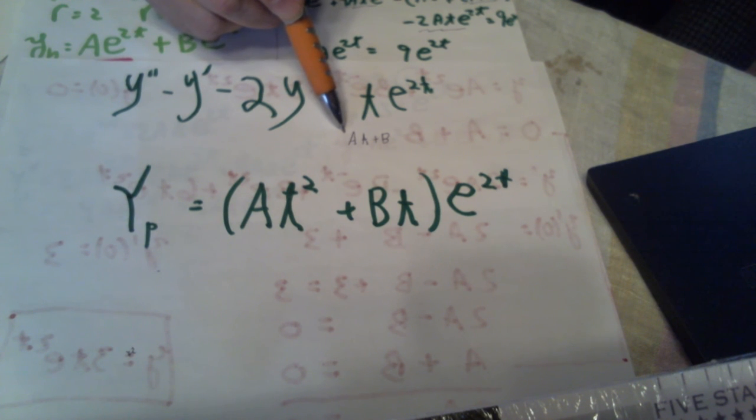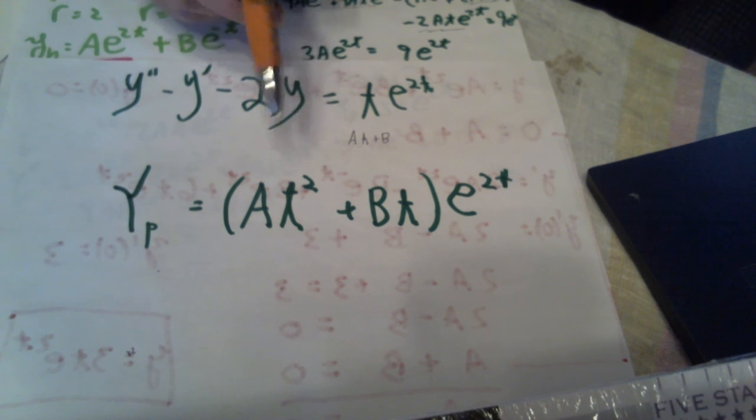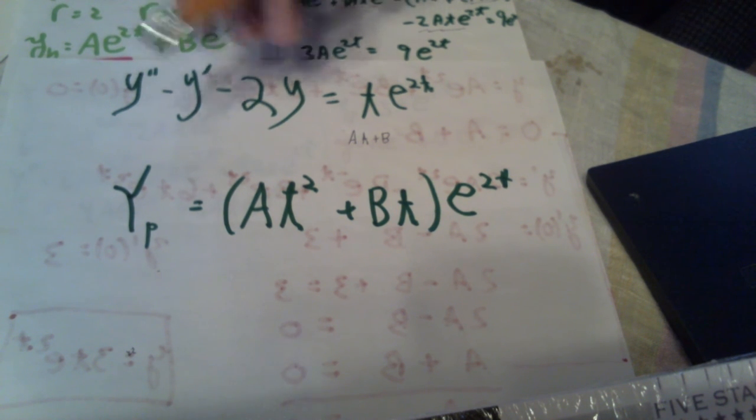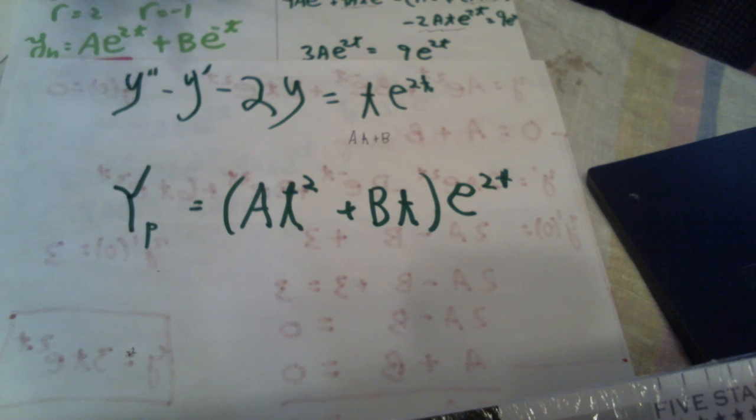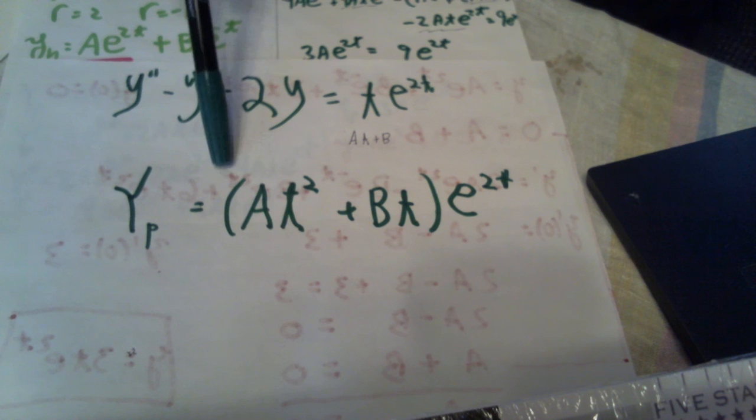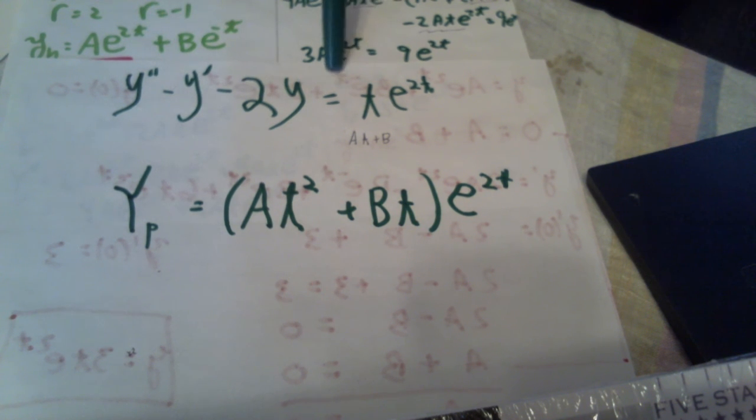And then I have to multiply that by t because of the hassle. So you have to take what would have been the guess and multiply by an additional factor of t. This is the only way to get the solution to this differential equation.